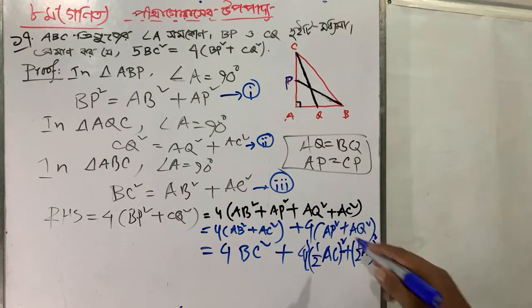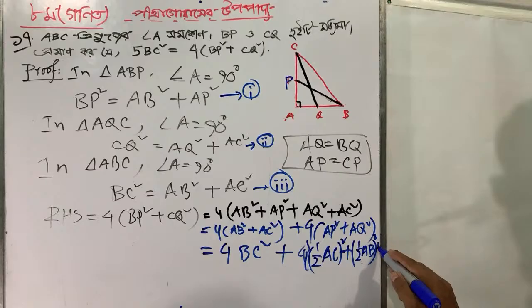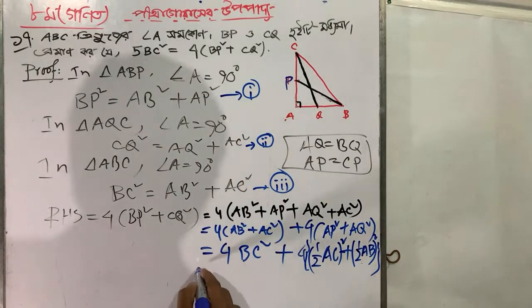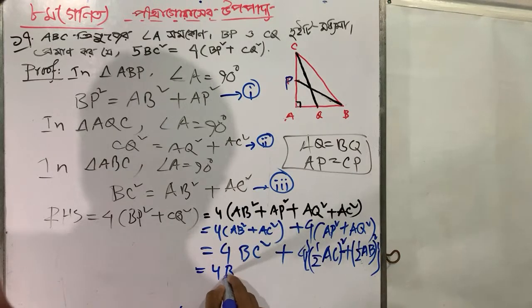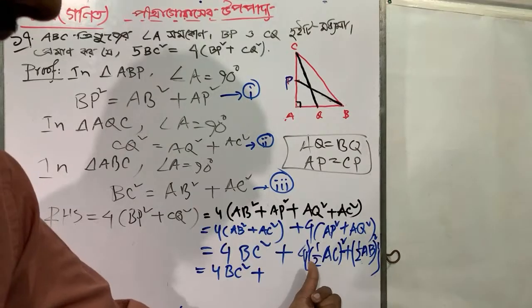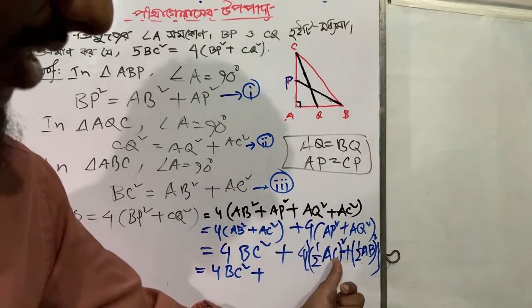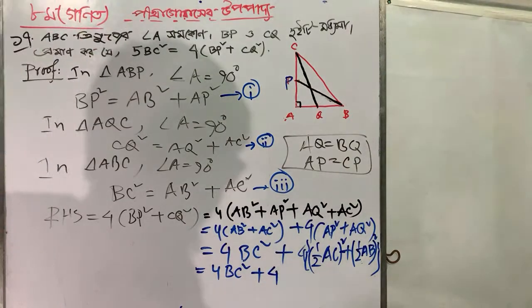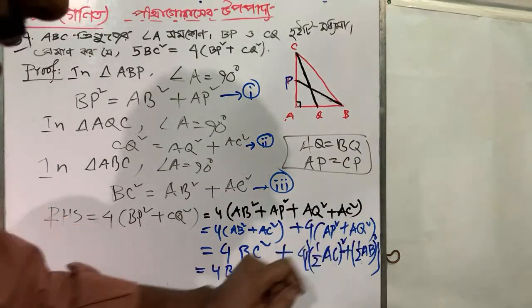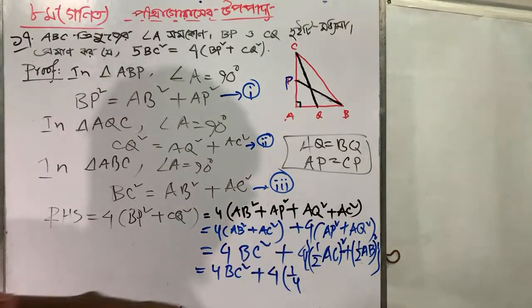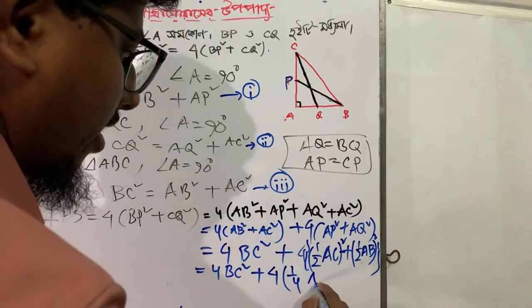And there is this second bracket that we should close. Well, we have 4 BC square, and then I have this half of AC squared, meaning half square will be 1/4, and then I have AC square.